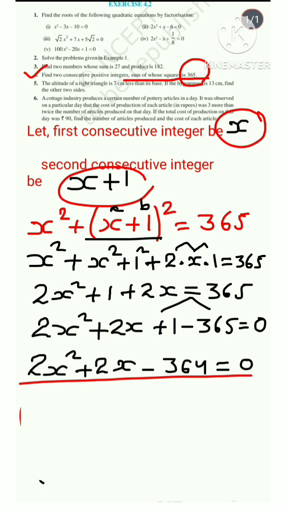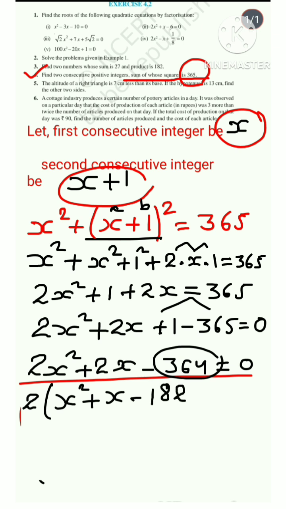So here 2 is common, then here remains x square plus x minus, and 2 divides 364 by 182 equal to 0.